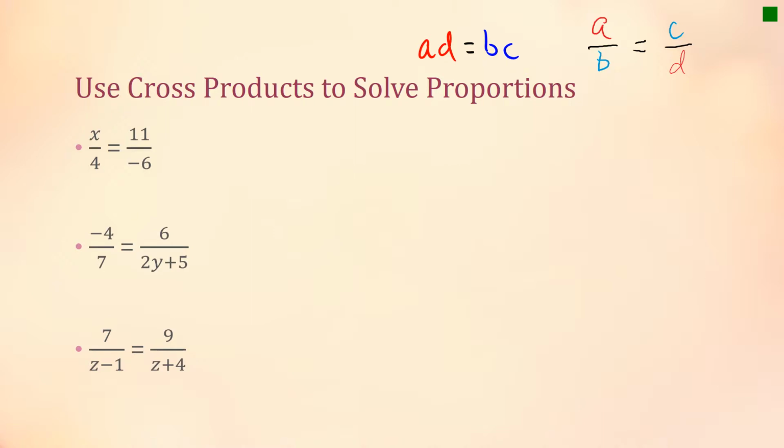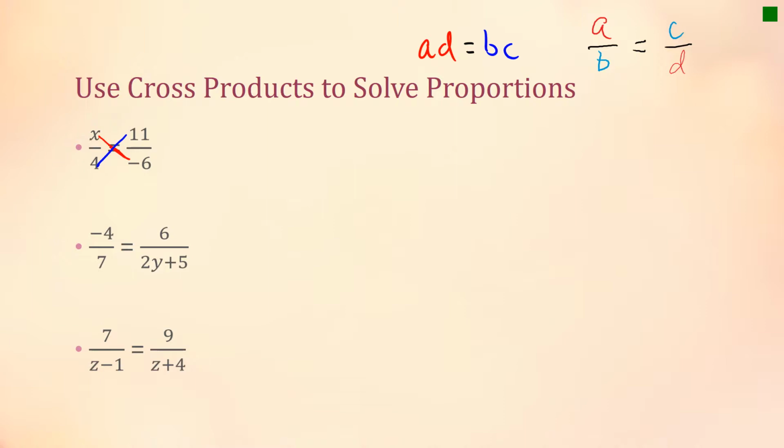And we can use the cross product property to solve proportions. So, looking at this, if this cross product, x and -6 in this first one, is equal to 4 times 11, the means, then we can use this to solve for x.